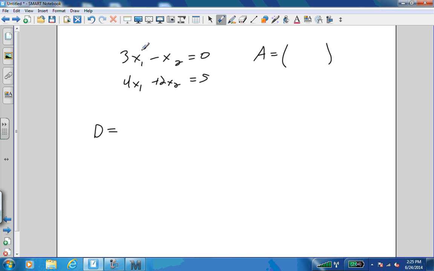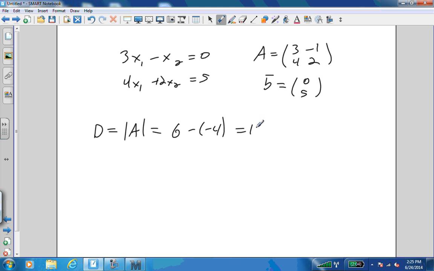A is our coefficient matrix, so 3, -1, 4, 2. B is our vector 0, 5. So D is the determinant of A. So 6 minus -4, so that's 6 plus 4, so that's 10.